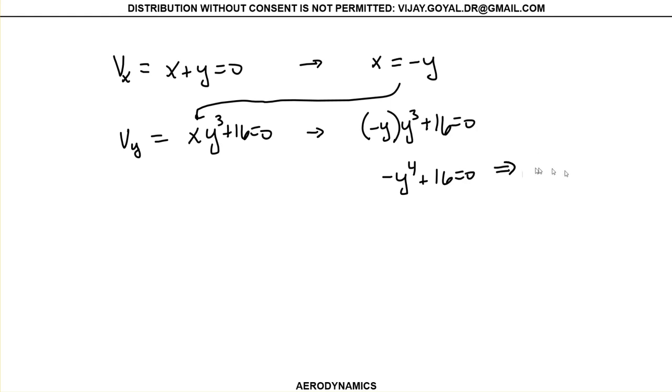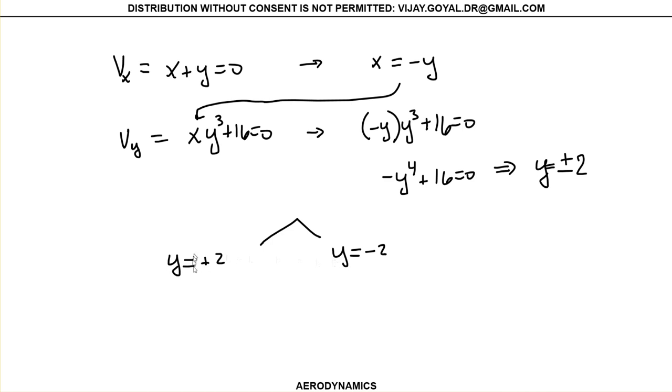And then from here, I would get y is equal to plus or minus 2, ignoring the complex roots. Okay, so the problem has two options. The first option is when y is equal to plus 2. The second option is when y is equal to minus 2.